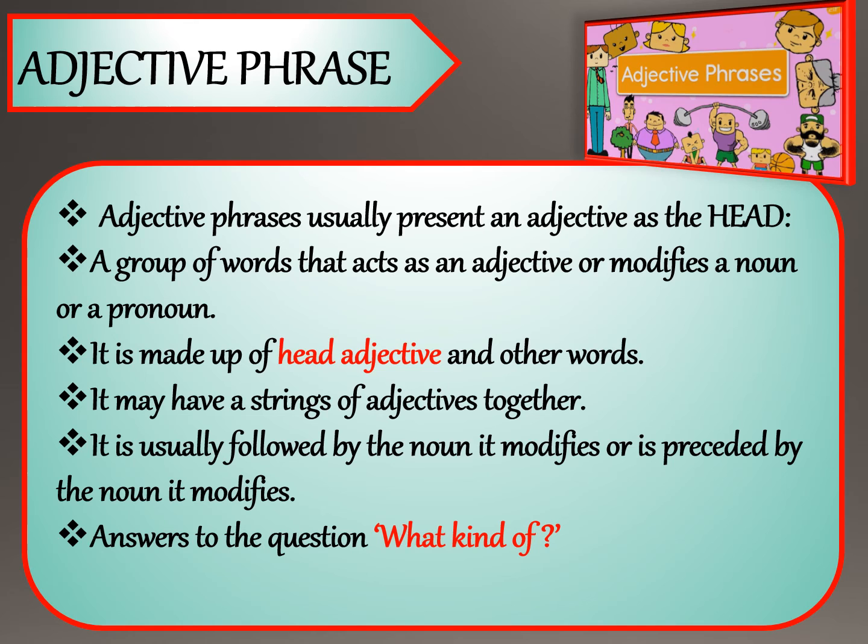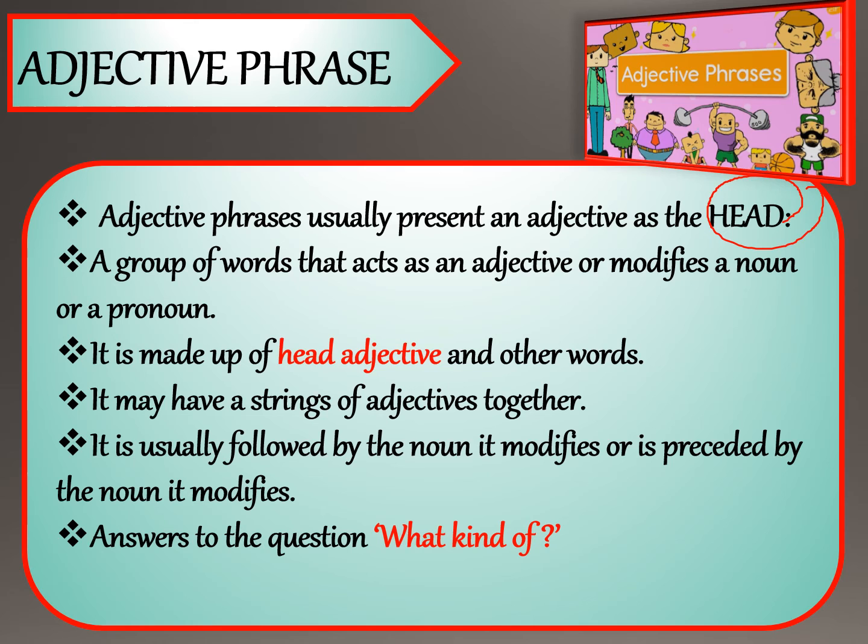Adjective phrase, the second type of phrase. As told earlier, an adjective phrase will have an adjective as the head word. The head word is always going to be an adjective.